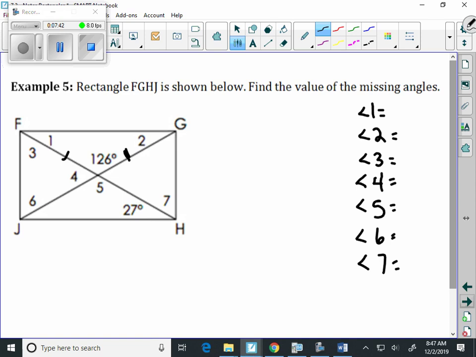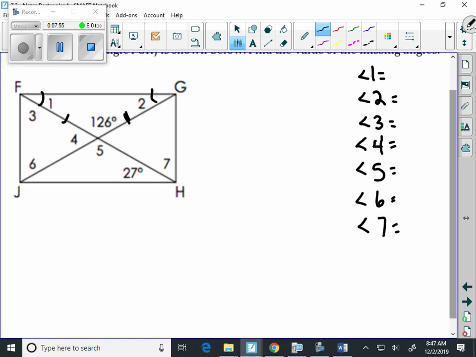But the nice thing is, if we've got an isosceles triangle there, what we know is that this angle and that angle are the same. So we can find both of those. And what we know in a triangle is that there's 180 degrees. So if we take 180 degrees minus 126, we get 54.